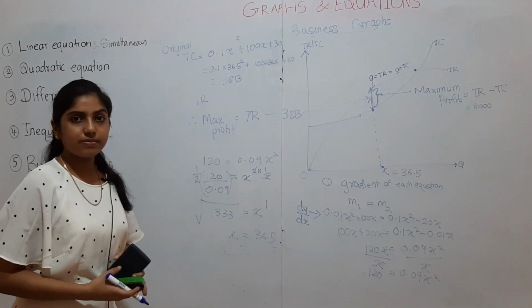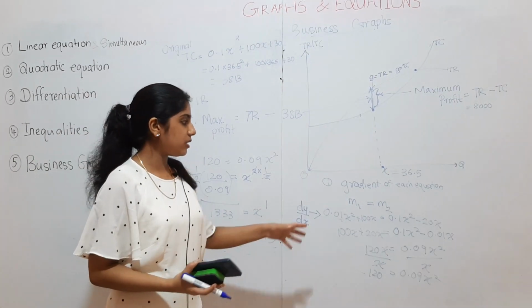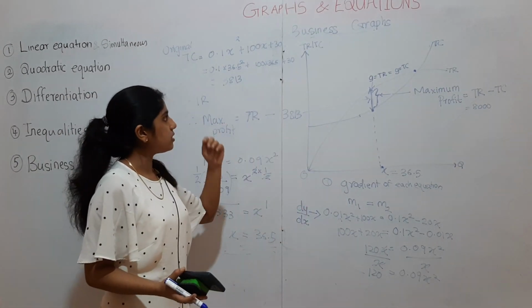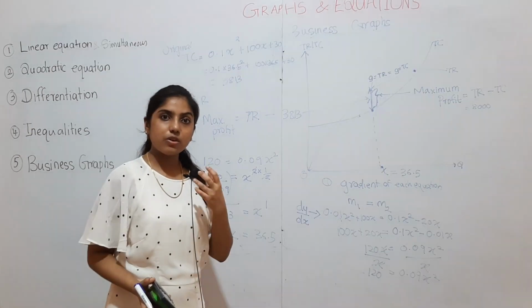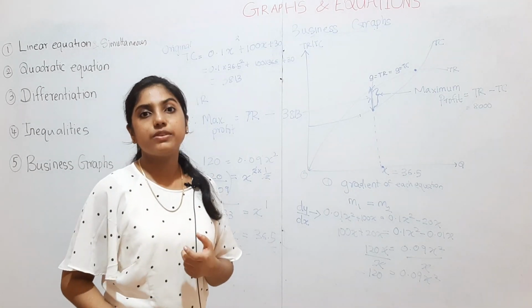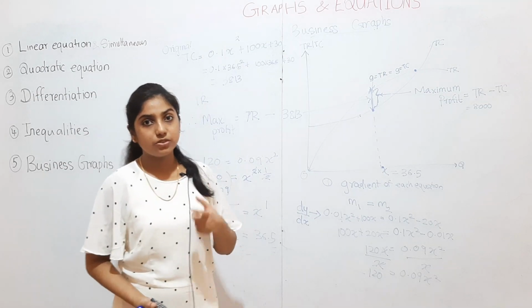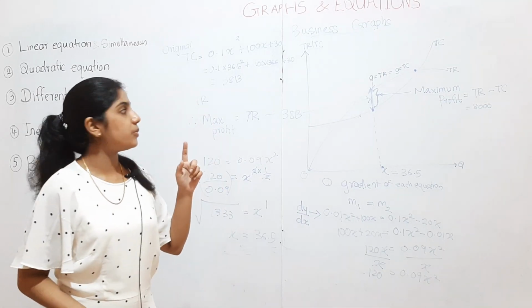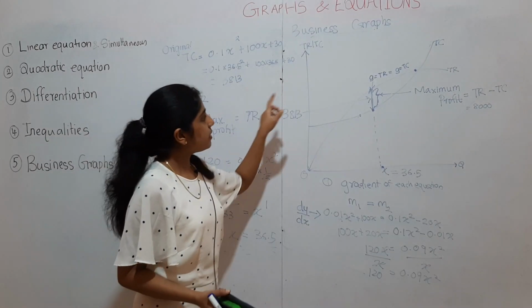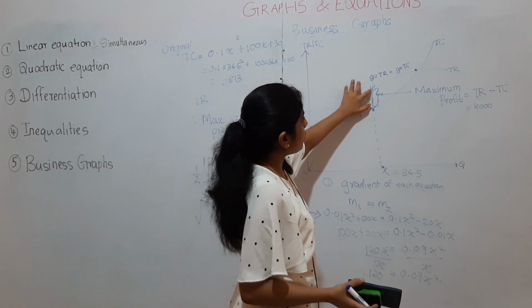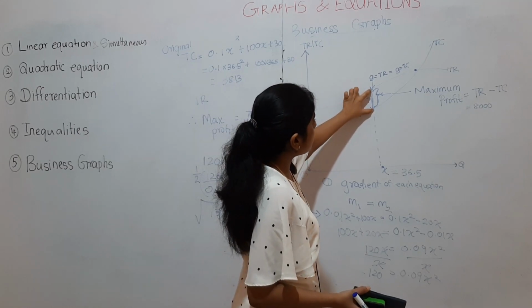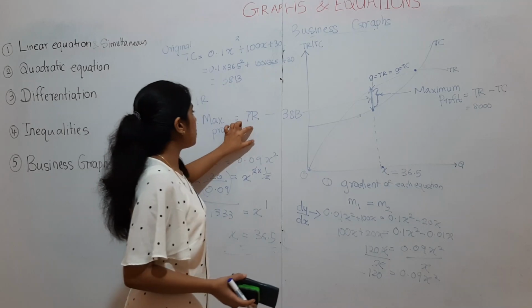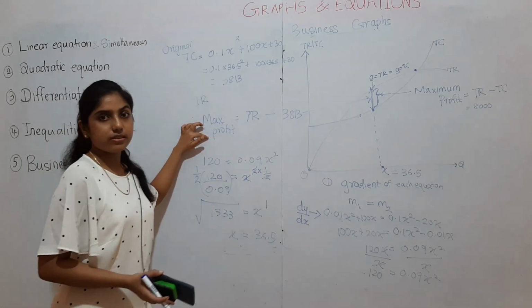Since I haven't the original equation, I didn't substitute for total revenue, but if you have the original equation of total revenue, substitute the value of x to the original equation and then get the value of this point, and the difference between these two should be equal to your maximum profit.